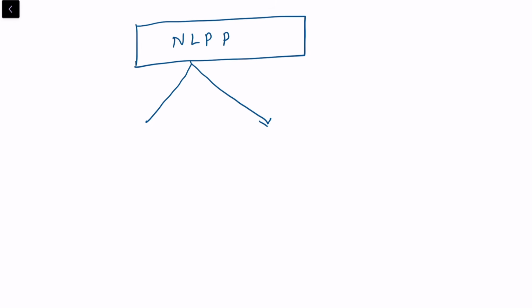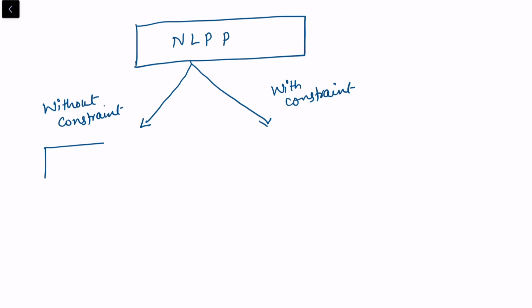So now we can finally say, let's consider a non-linear programming problem. It has two categories. Let's first broadly divide them. This is without constraint, and on the other side I will consider this with constraint. So depending upon which problem it is, we'll apply the method. Without constraint, again we will look whether the problem is quadratic form or not.